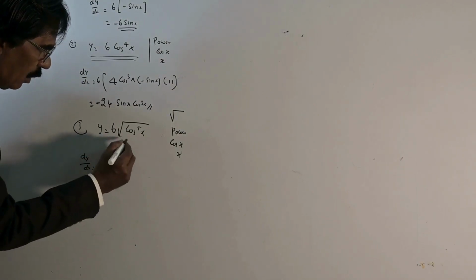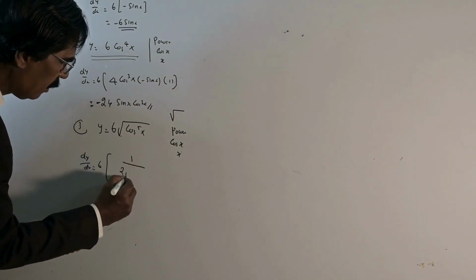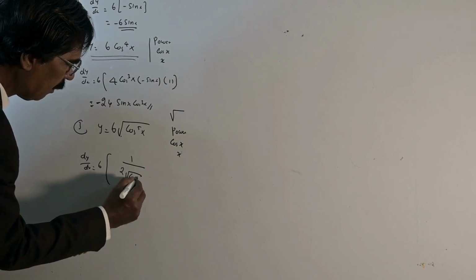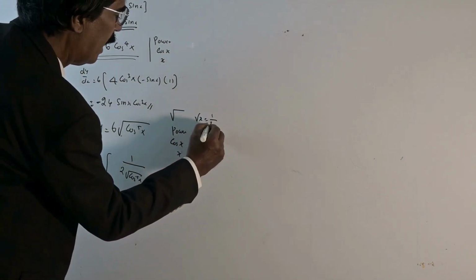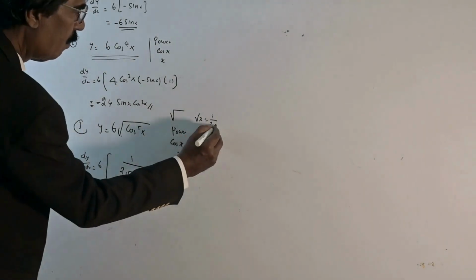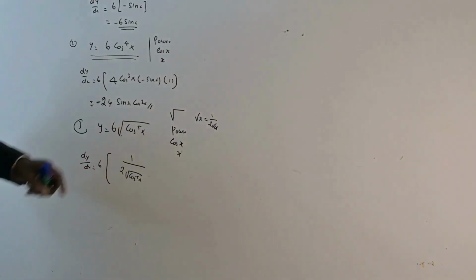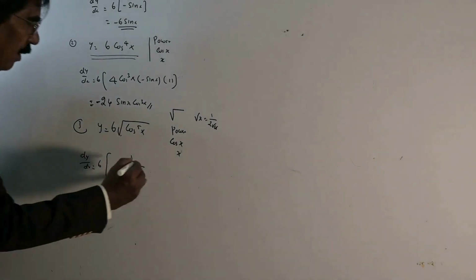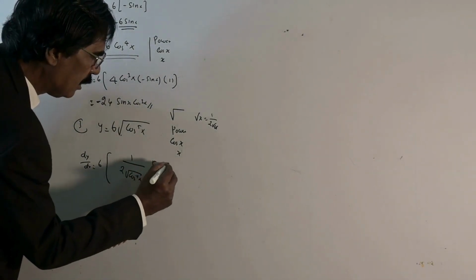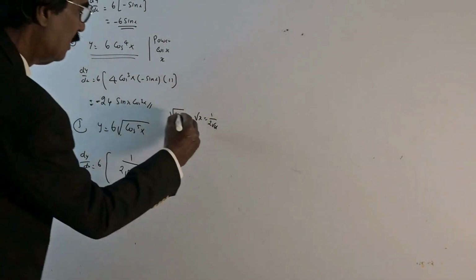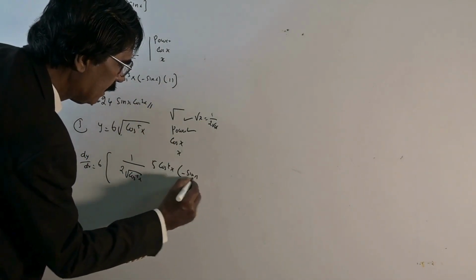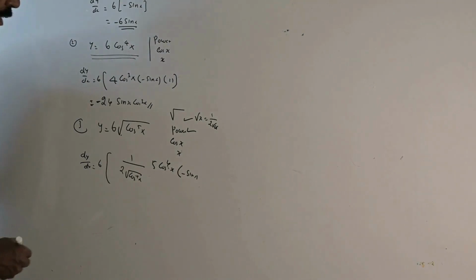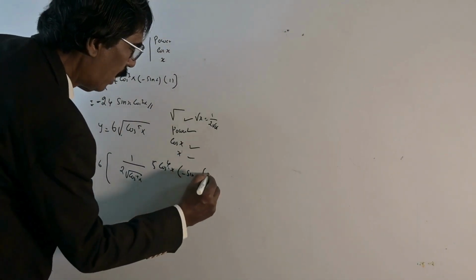When you differentiate root, 1 by 2 root of cos power 5 x. Already I told you, when you differentiate root x, you will get what? 1 by 2 root x. Then power 5, cos power 4 x. This is over, this is over. Then cos x, minus sin x. Cos x over. Then x, 1.